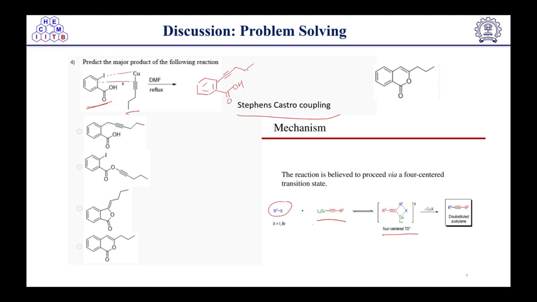Now we are again refluxing the reaction, and it will undergo a hydroalkoxylation reaction, a 6-endo-dig hydroalkoxylation.